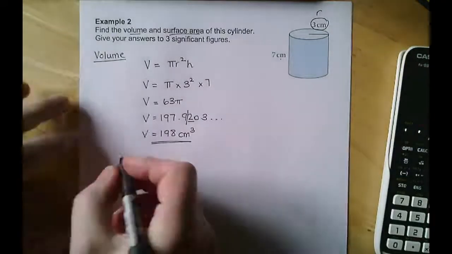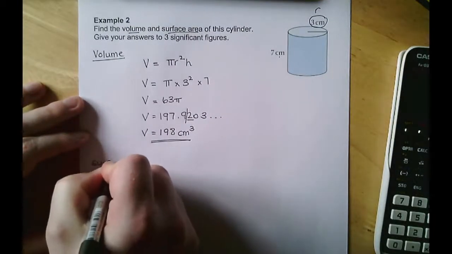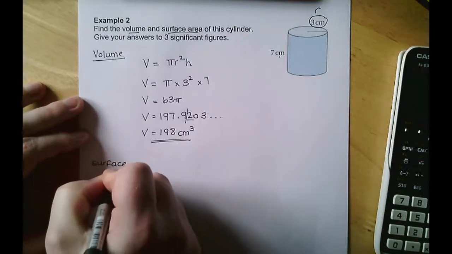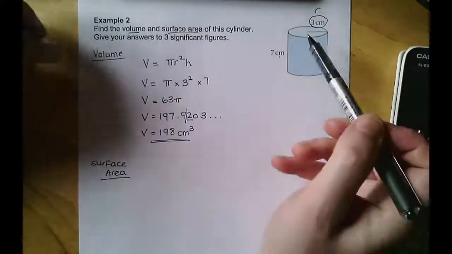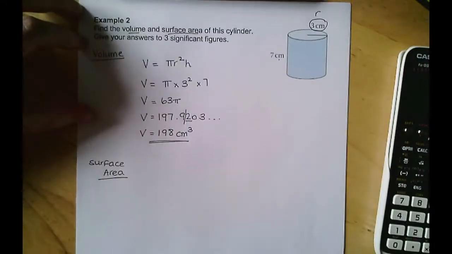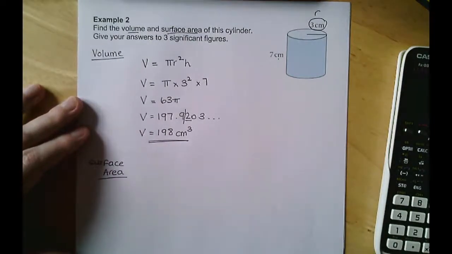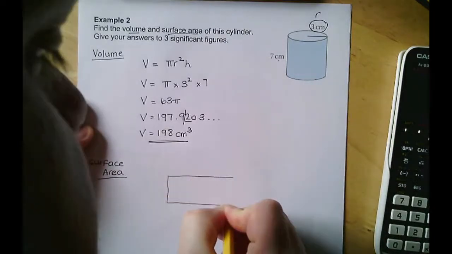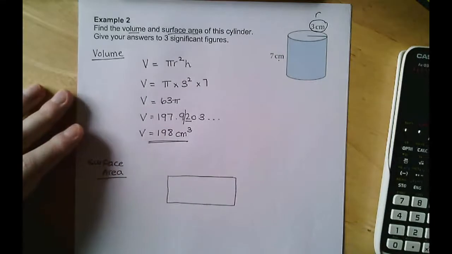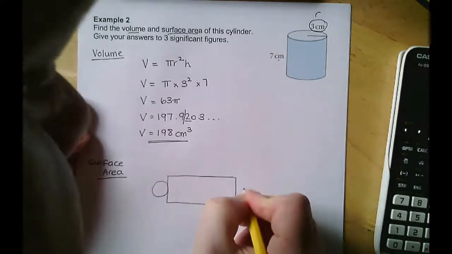The surface area is slightly more difficult. If we looked at the net of this shape, we would have a rectangle and 2 circles.